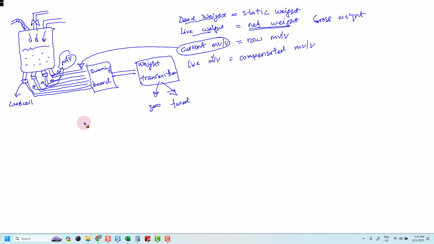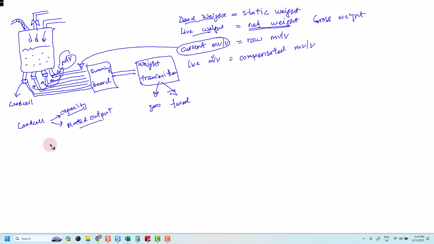In order to find this, we have to know the load cell capacity as well as the load cell rated output. In order to find out these two things, we have to refer to the load cell datasheet.